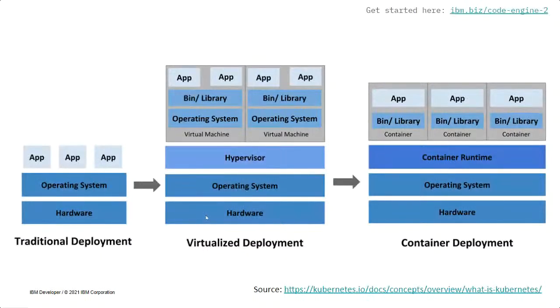On top of the hardware is a hypervisor where you have your virtual machines, and each virtual machine has the applications with its own binaries, libraries and operating system. So you could have different operating systems for your applications. The cool thing with this approach is that your applications in each virtual machine are isolated, so no virtual machine is going to interrupt another.